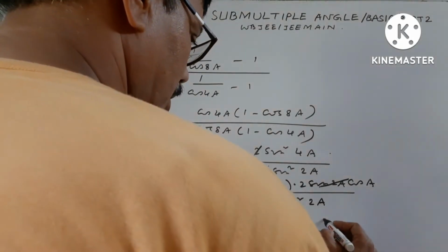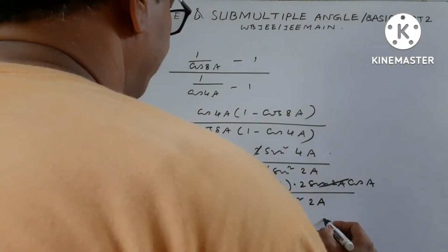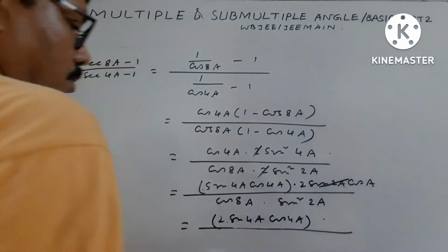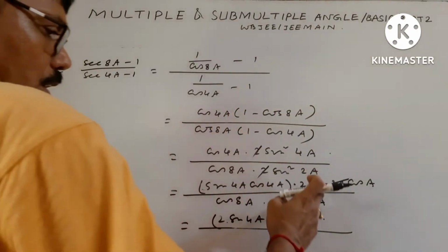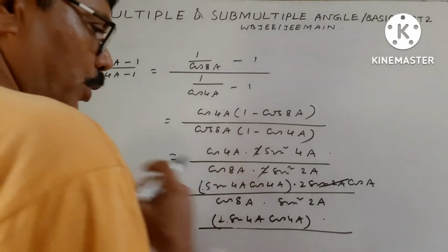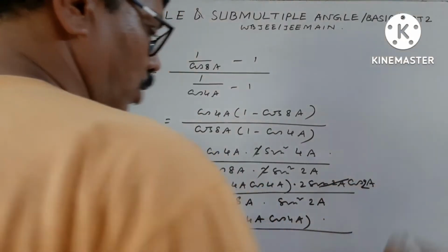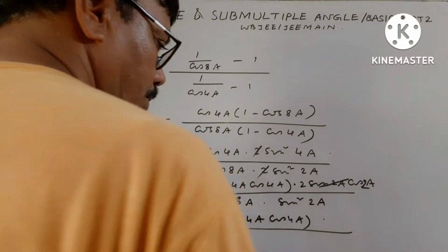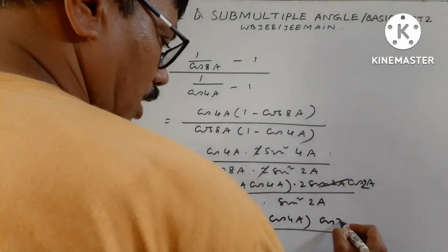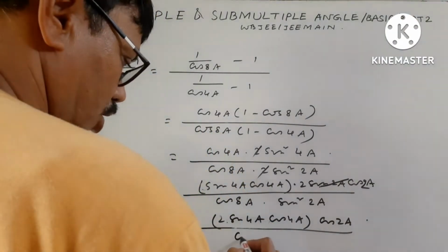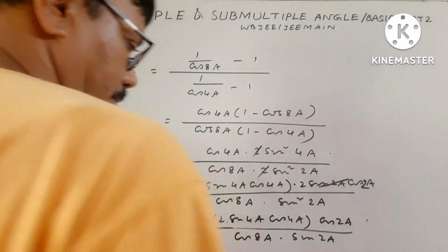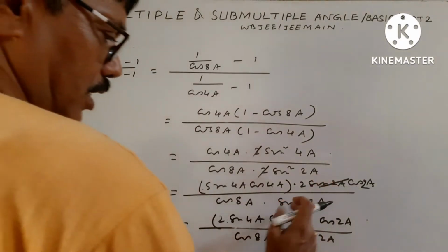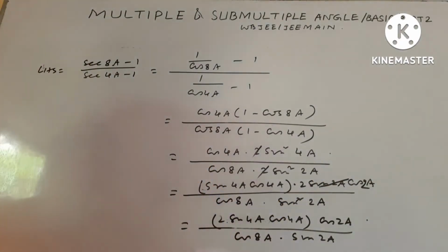So it is cos 4a. So 2 sin 2a cos 2a. So cos 2a unchanged, and this is cos 8a by sin 2a. So 1 sin is cancelled out, we are getting this.